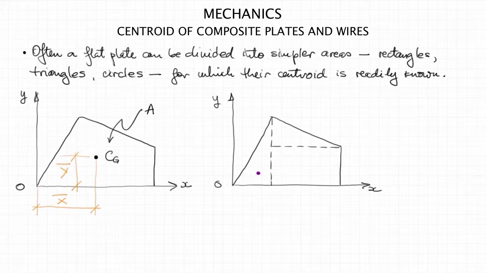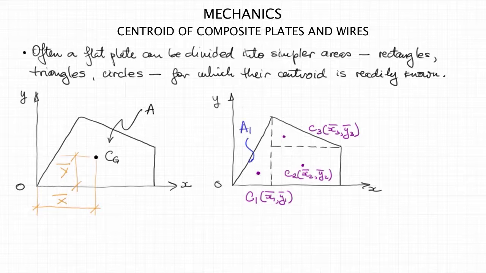And the good thing is that for each of these areas, we actually know the location of their centroids. So C1 will be located at X1 bar, Y1 bar, C2 at X2 bar, Y2 bar, and C3 at X3 bar, Y3 bar. We also, of course, know the individual areas of these elements.